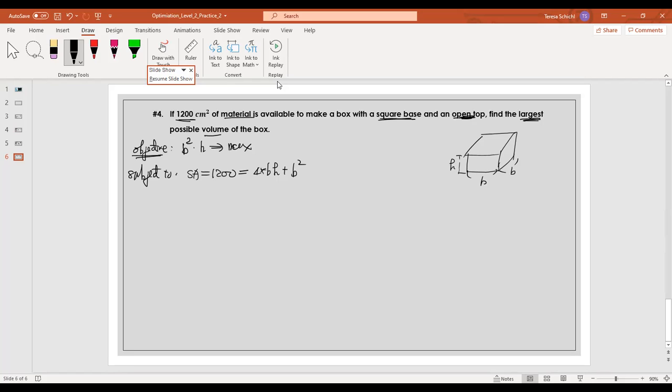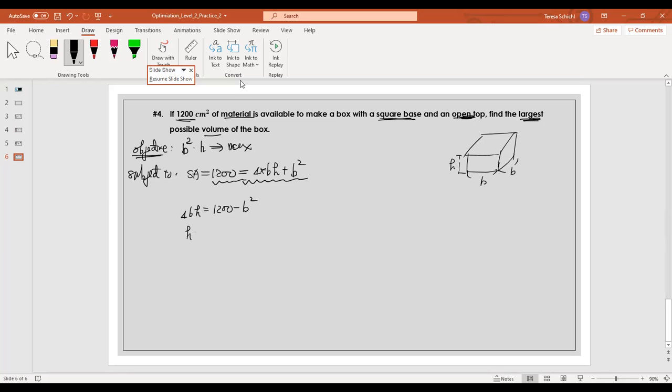Okay, so now this one is just like the backward of the other one. So let's try to solve the equations here. I want to change this to be a function of one variable. Here, I think it would be easier to solve for h, because I don't want to take the square roots. So you see the 4bh is equal to 1200 minus b squared, correct?